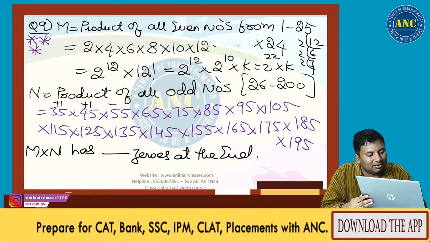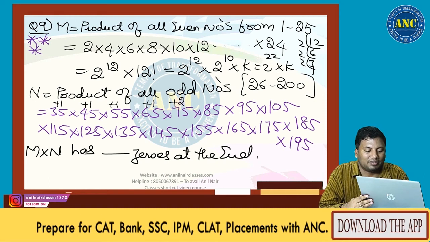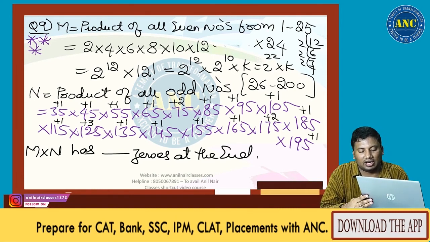5 7s are, 1 power of 5. 5 9s are, 5 11s are, 5 13s are, 25 3s are 2 power. 5 17s are, 5 19s are, 5 21s are, 5 23s are, 5 cube, 5 27s are, 5 29s are, 5 31s are, 5 33s are, 25 7s are, 5 37s are, 5 39s are.